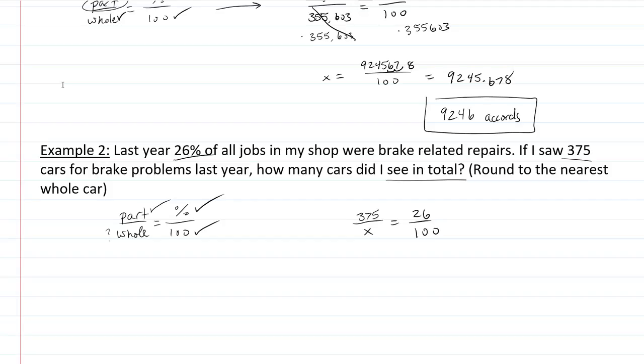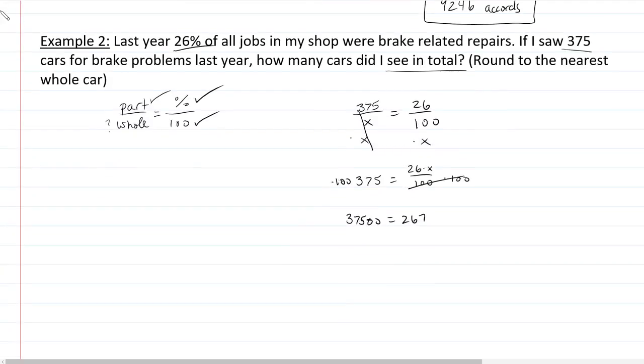So now what we do is we multiply both sides by x. This cancels the x on the left-hand side and gets it out of the denominator. So we end up with 375 equals 26 times x over 100. We can now multiply both sides by 100 and cancel this denominator. So this becomes 375 times 100 equals 26x.